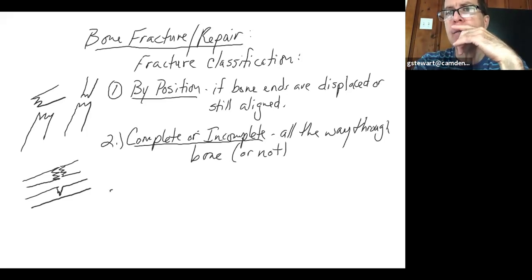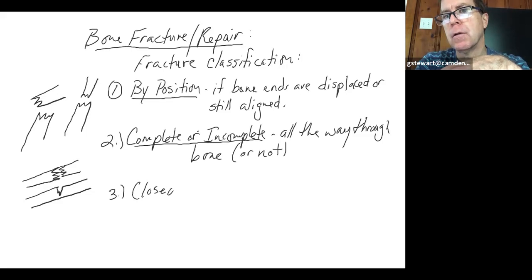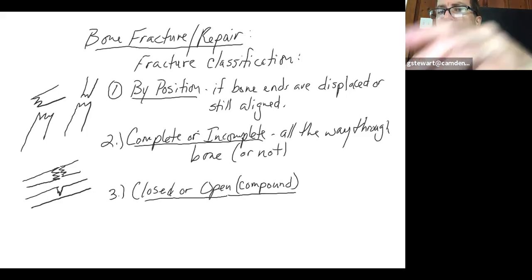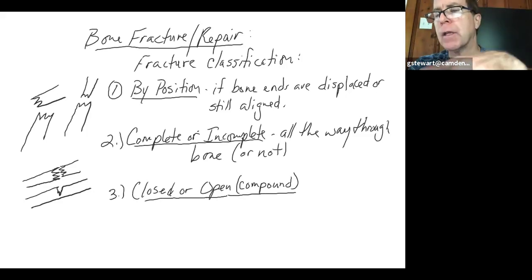And finally, number 3 is whether or not the fracture is closed or open. Open, we also use the word compound. And that just means if the bone ends are coming through the skin or not.